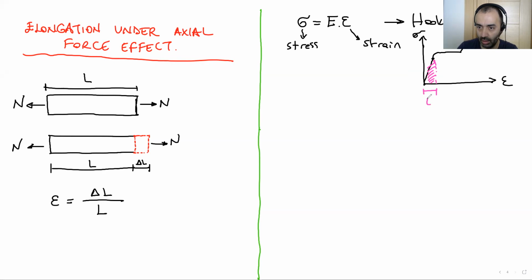Here is the elastic region. By the way, linear elastic region, that's better. Here, the slope of this linear part is E, which is the modulus of elasticity.